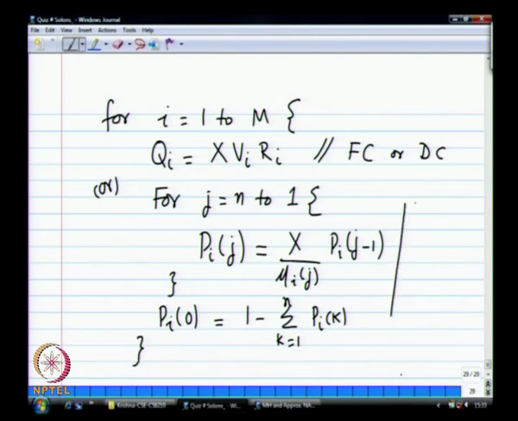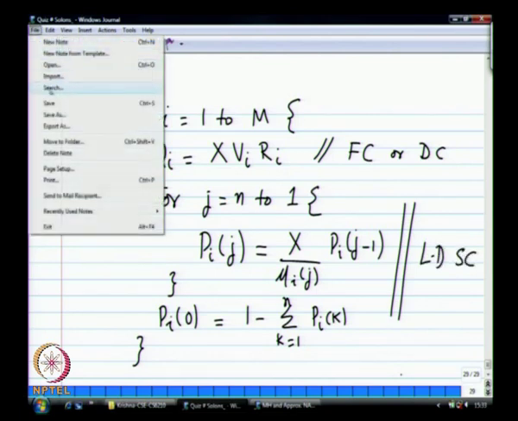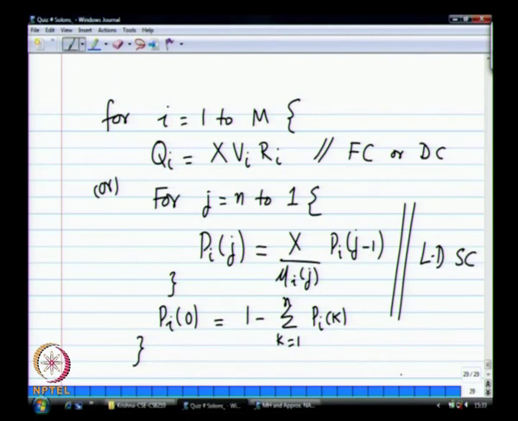So this is for load dependent. Okay, there is no other place where uppercase N appears. So this is as it was before. This is the only change based on the Pis that we saw before.